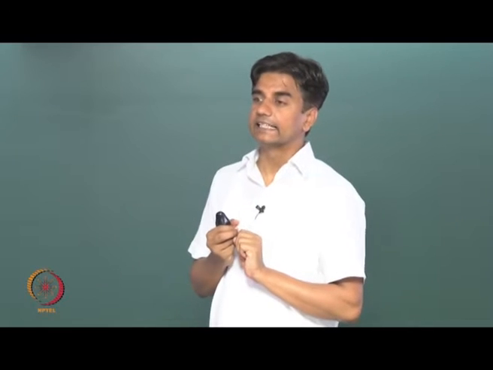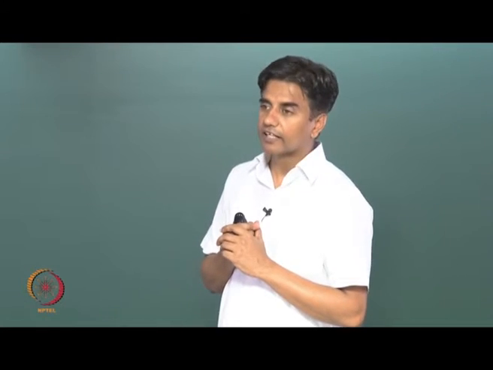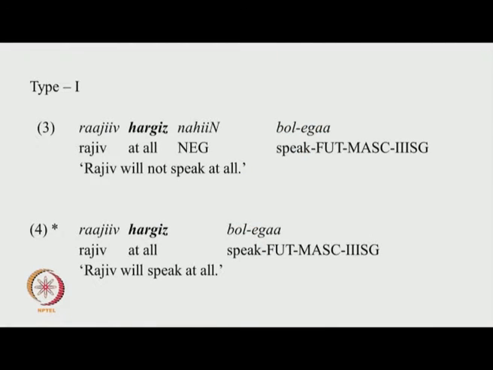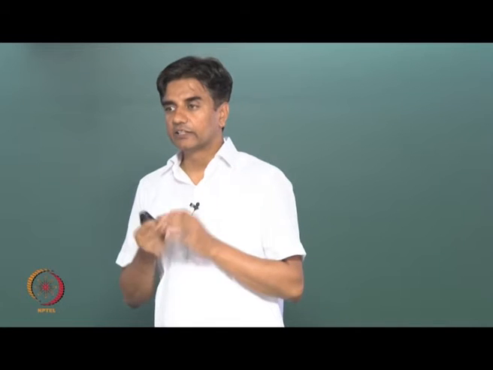Therefore, the next sentence is marked with a star and is ungrammatical. Rajiv hargiz bolega is not a good sentence in Hindi. The only reason it is not good is because there is no negative marker. You put a negative marker, and the sentence becomes good.